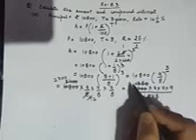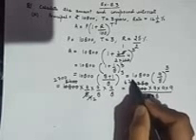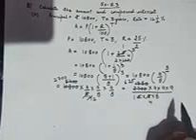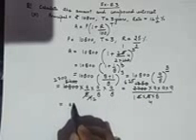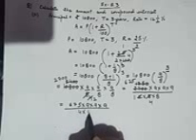Okay. After this I will again cancel it. 2 4s are 8. So it will be 675 here. Okay. So how much am I getting? I will be getting 675 into 9 into 9 into 9 upon 4 into 8.